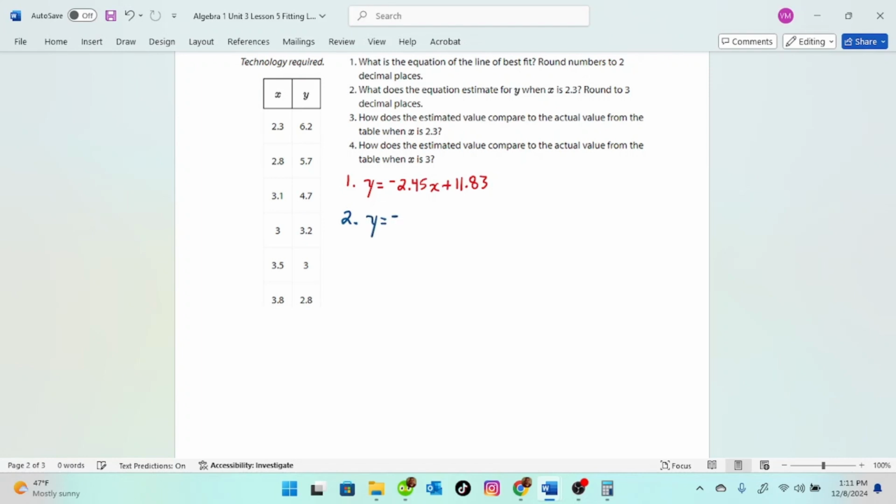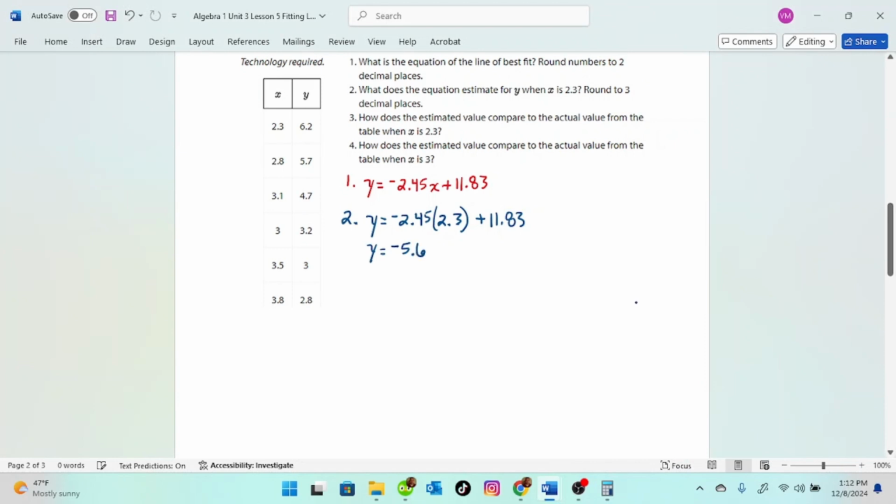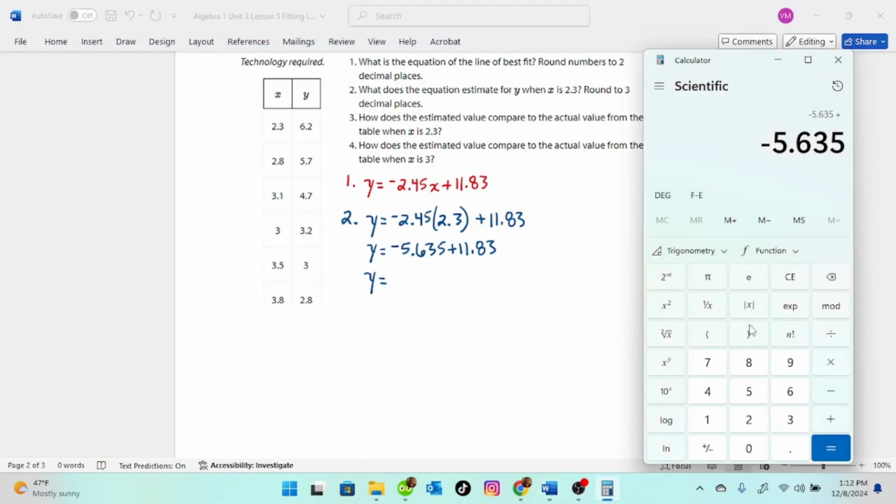So y equals negative 2.45 times x, we're going to substitute 2.3, negative 2.45 times 2.3 is negative 5.635, and when we add 11.83, that gives us 6.195.